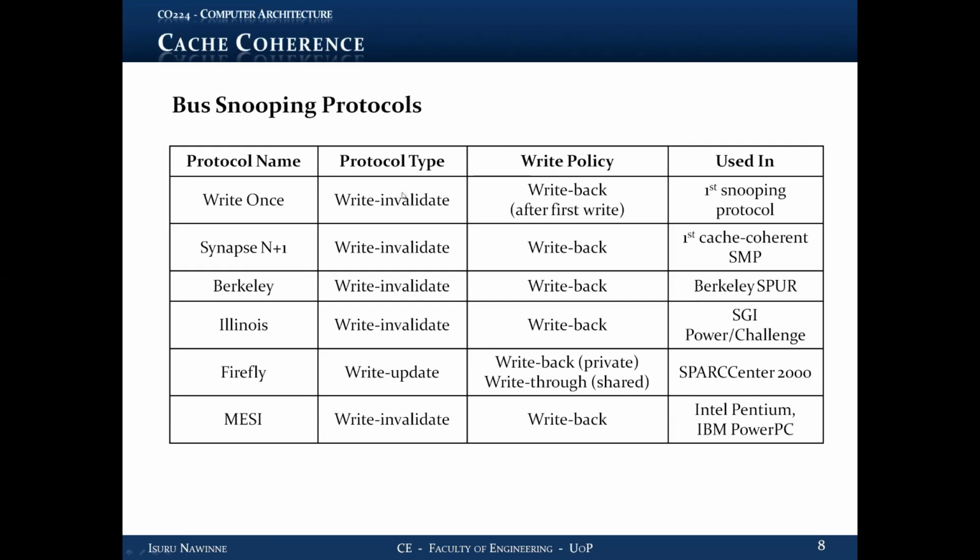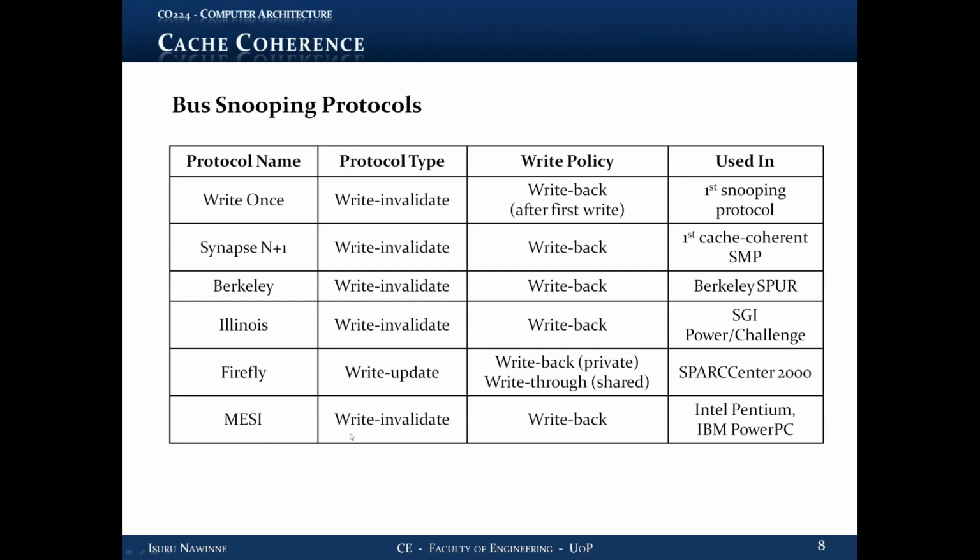And you can see that most of these are invalidate because they are very easy to implement. The overhead is less, and most of these use write back protocol because it reduces the amount of memory accesses that we have to do. Memory accesses are very expensive in terms of performance time, so we like to do as few memory accesses as possible.